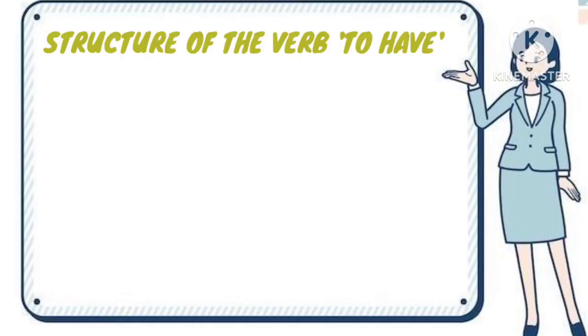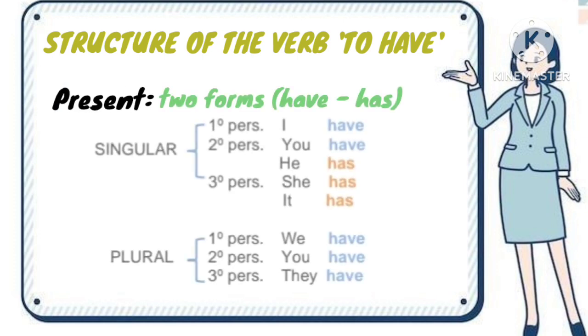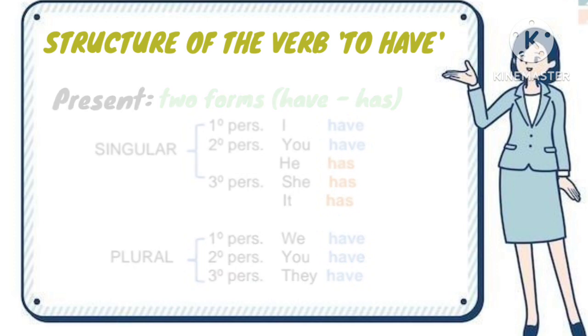The structure of the verb to have in the present tense has two forms: have, has. Have: first, second person singular and first, second, third person plural. I have, you have, we have, you have, they have. Has: third person singular. He has, she has, it has.